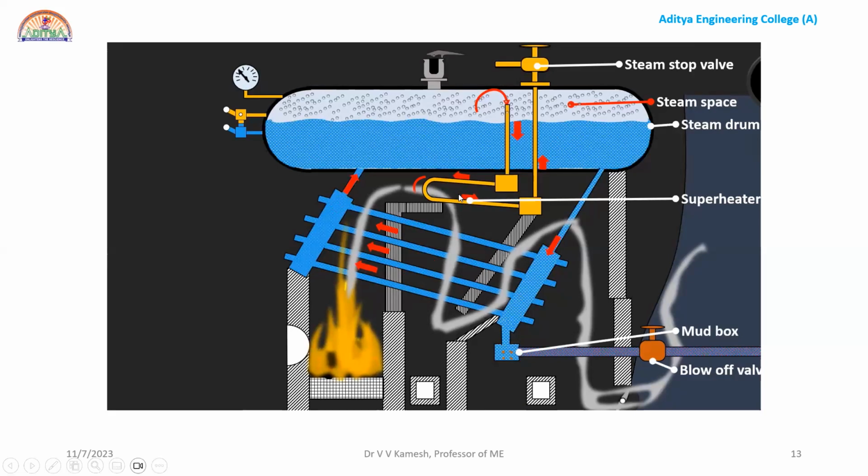Now you can see here, the superheater. I told you earlier, we use the superheater to increase the heat of the steam already collected in the drum. So the steam drum, whatever steam you have, there is a superheater. Steam will pass through the superheater and be circulated through the pipes which are located in the hot gases area.